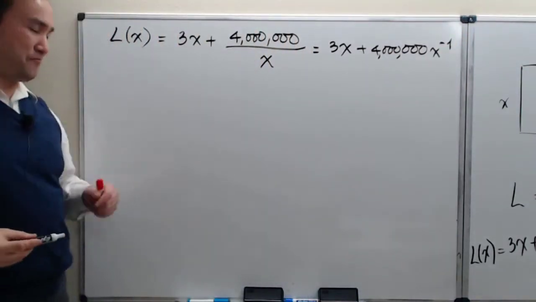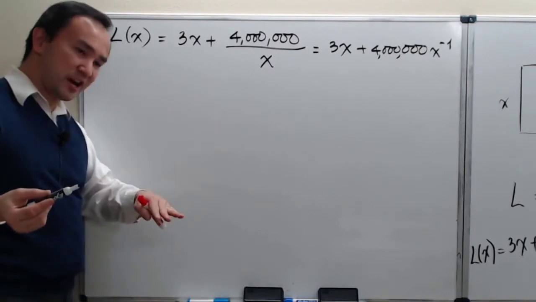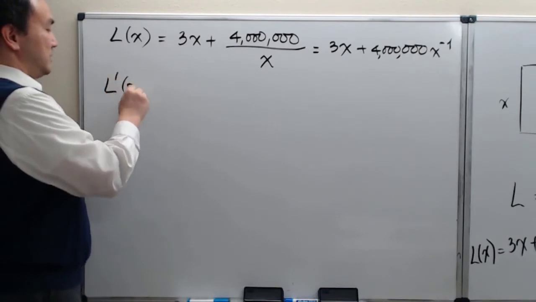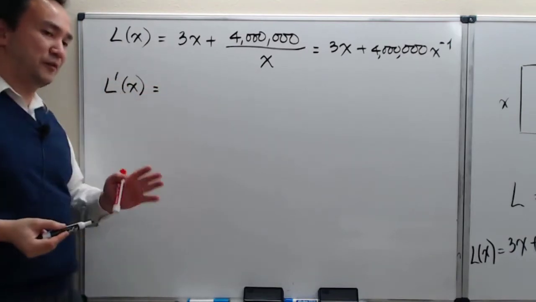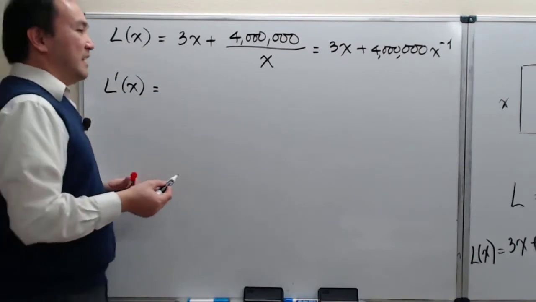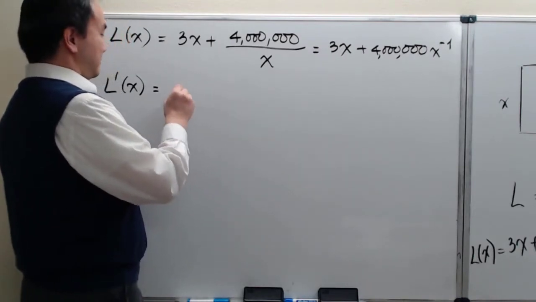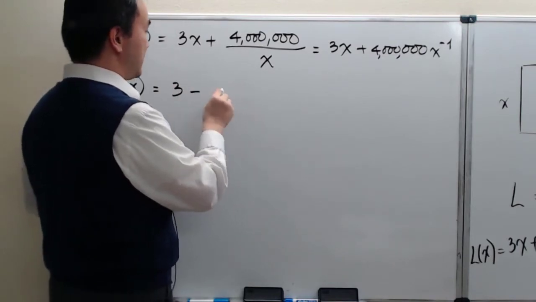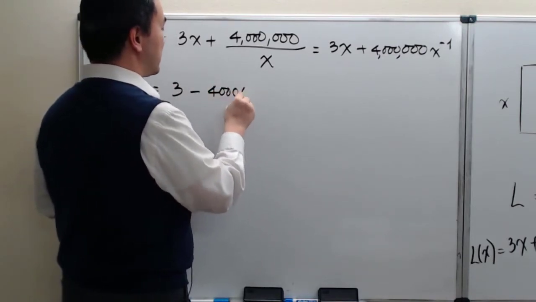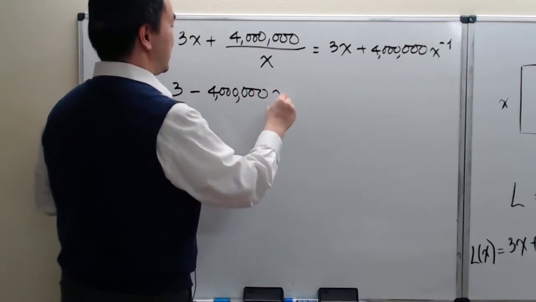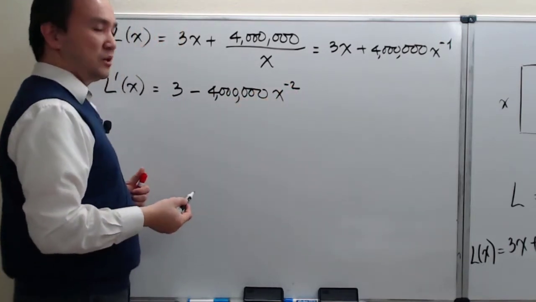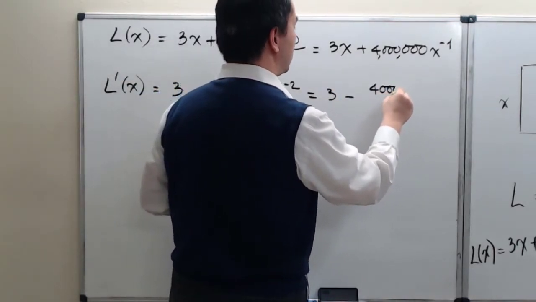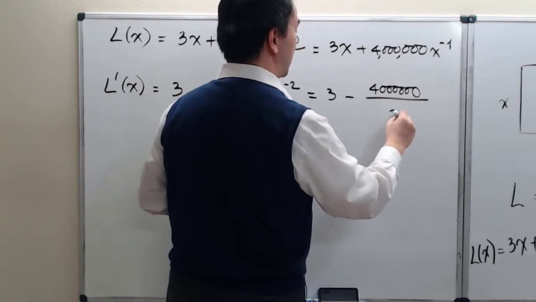So now it comes down to just the standard finding maximum and minimum value problems. I am going to take the derivative because we are about to find critical values. The first term gives me a 3, the second term gives me minus four million times x to the minus 2 power, or we can rewrite this as 3 minus four million divided by x squared.